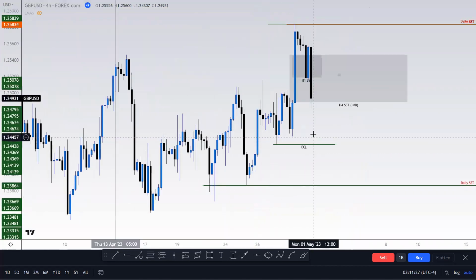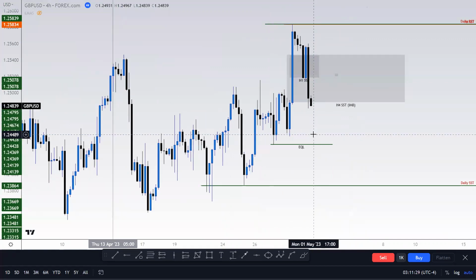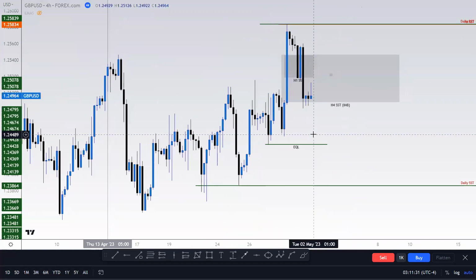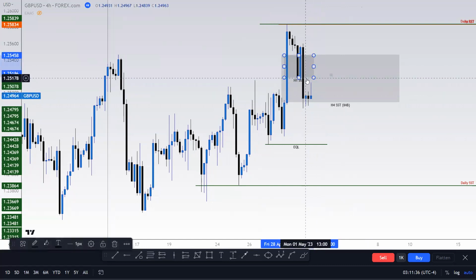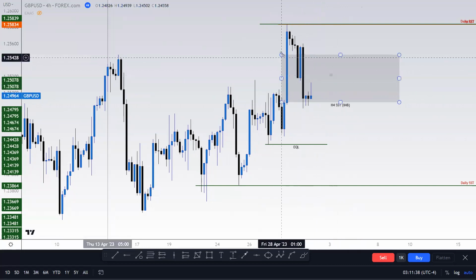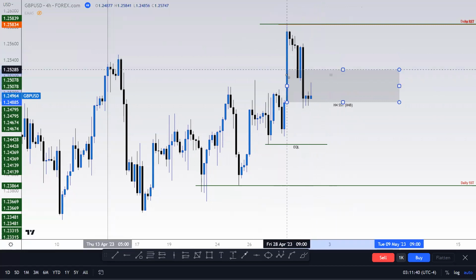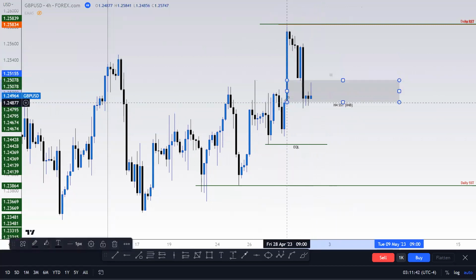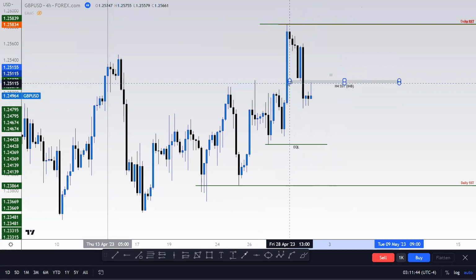If we go down to the 4 hour time frame, just to forward play this into the 1 a.m., we can see that the next draw on the 4 hour buy side target is going to be this imbalance. Actually, no, there was a bit of that imbalance that wasn't filled.